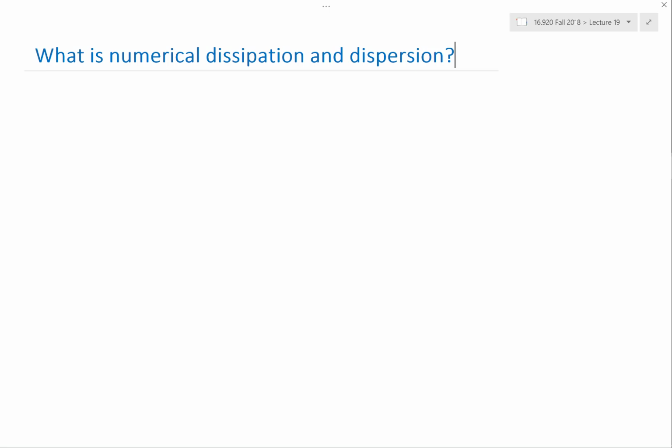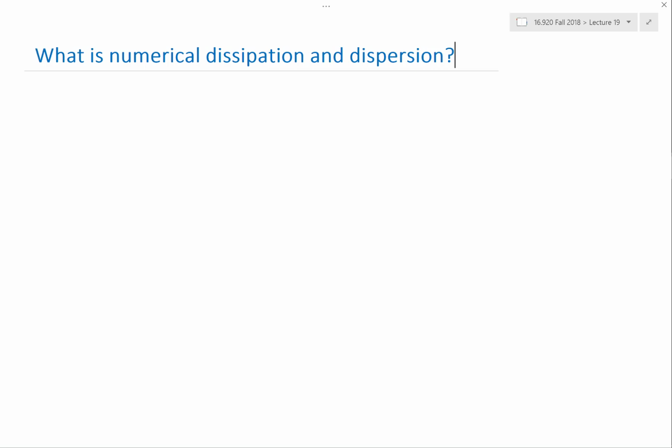So first topic is something that people may have heard about if they dealt with numerical solutions of various kind of differential equations. What is numerical dissipation and numerical dispersion? These are different types of errors that affect numerical solutions and of different origin.